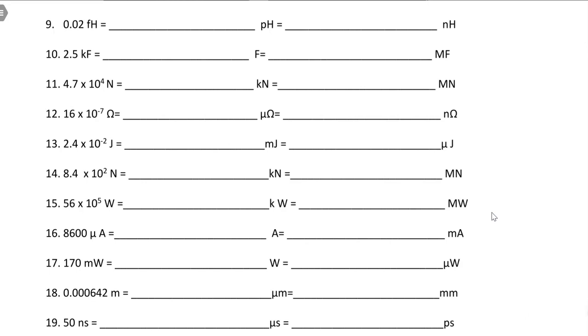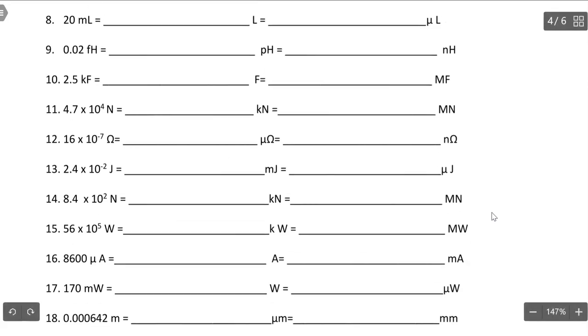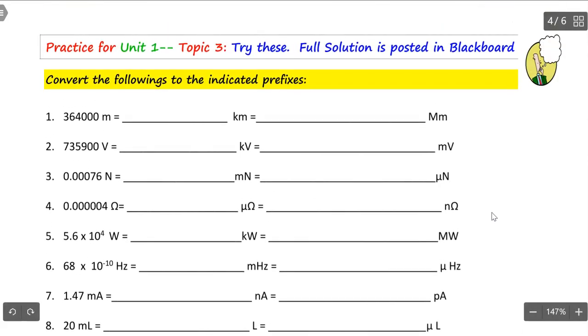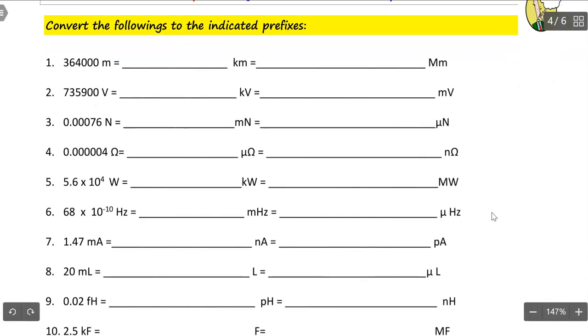It is more important than the scientific notation, because scientific notation is talking about the power of 10, so you familiarize yourself with the exponent part of it. But engineering notation applies to every single problem that you are working with in engineering. Okay, so that's why I assign quite a lot of homework here for everyone to work on.